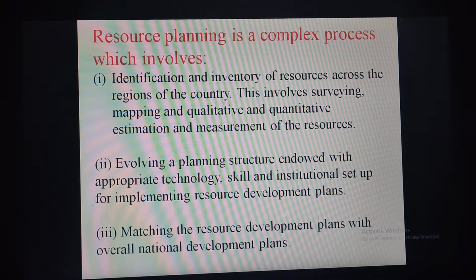Resource planning is a complex process which involves identification and inventory of resources across the regions of the country. This process involves surveying, mapping, and qualitative and quantitative estimation and measurement of the resources.